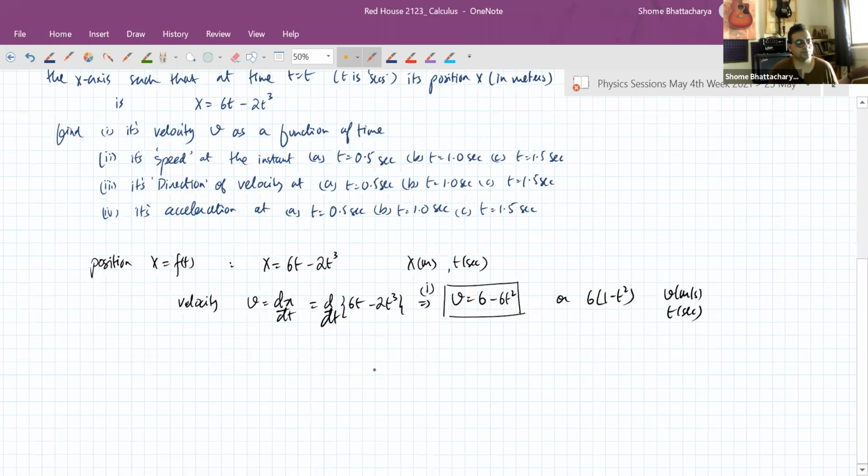Now I want to find its speed. So speed at a particular instant is modulus of velocity.